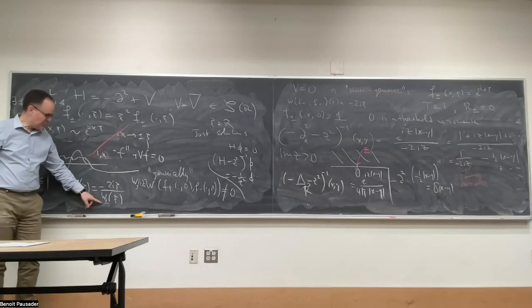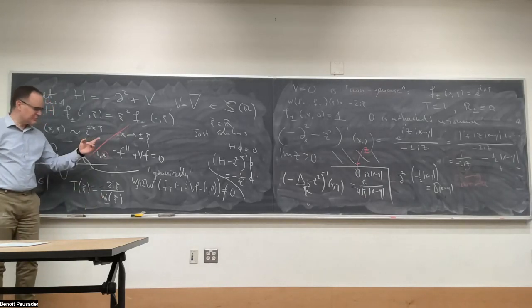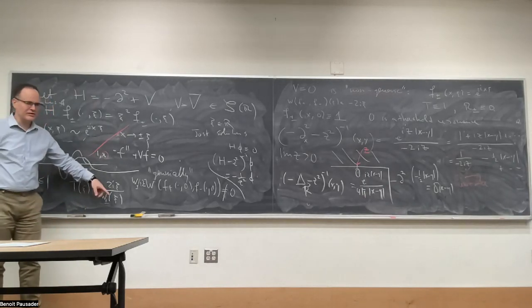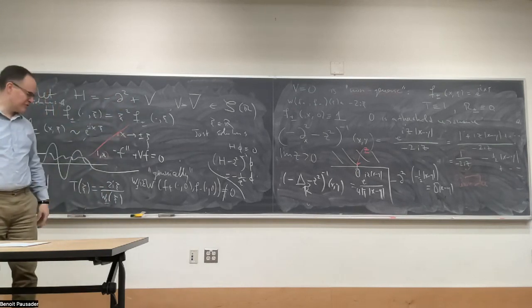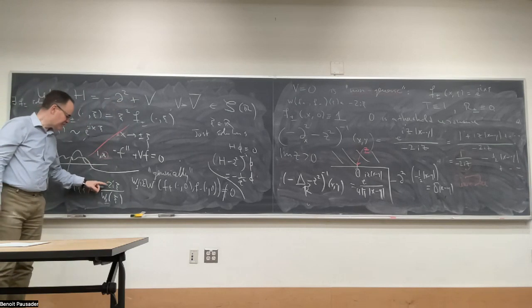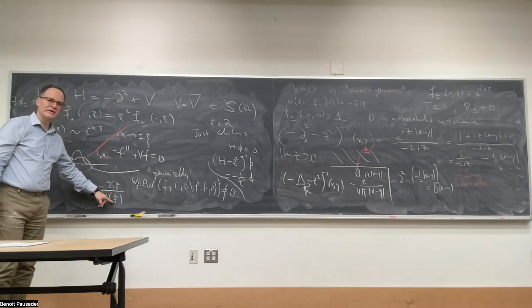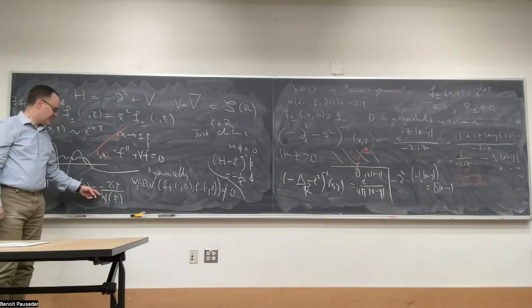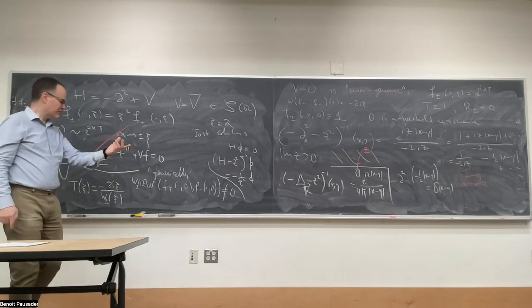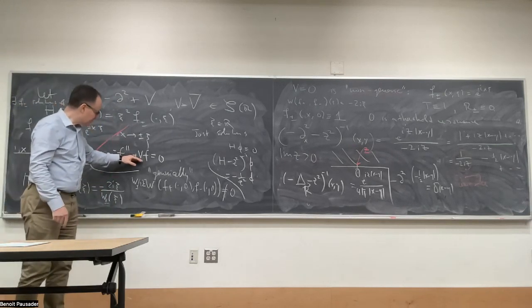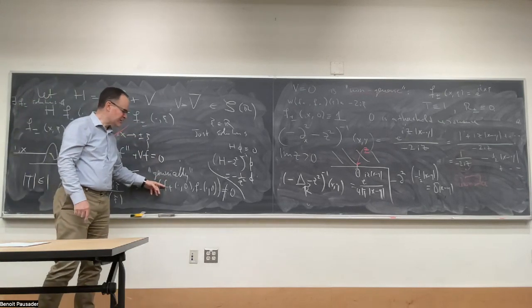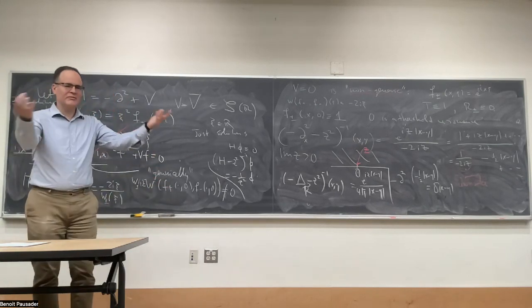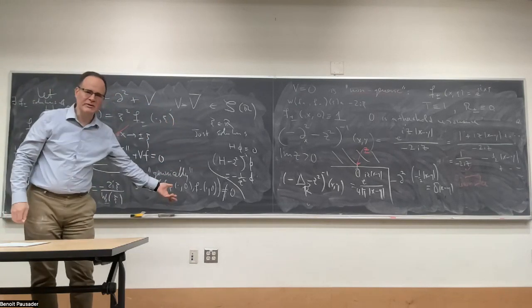So this cannot blow up as xi tends to 0. So this means that if it vanishes, which is the non-generic behavior, that's the definition of non-generic in this context, this can only go to 0 linearly, only linearly. And if you take a potential and you perturb it by epsilon times a Schwartz function, then it follows right from here that for almost every epsilon, it will be not 0.